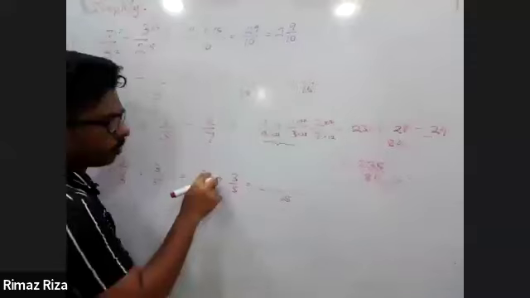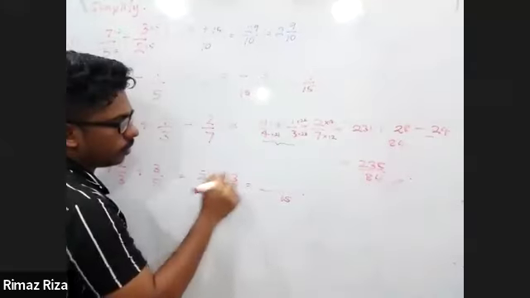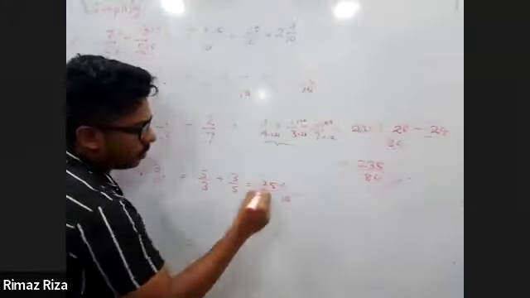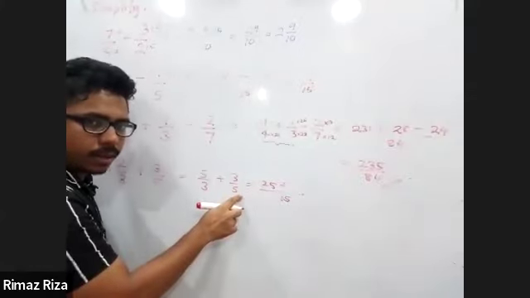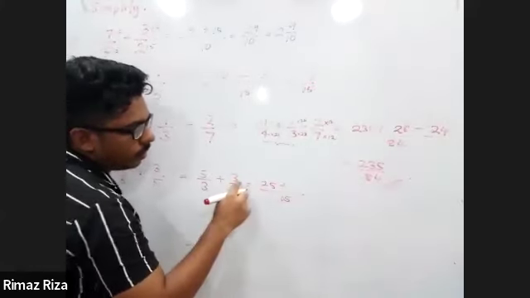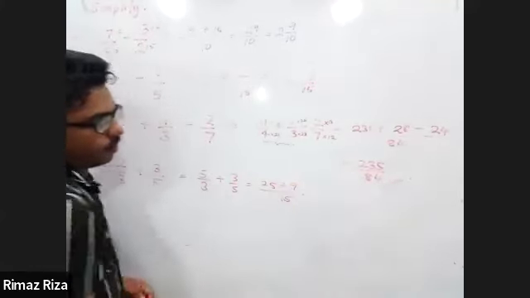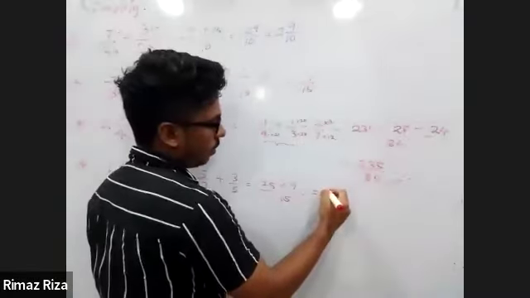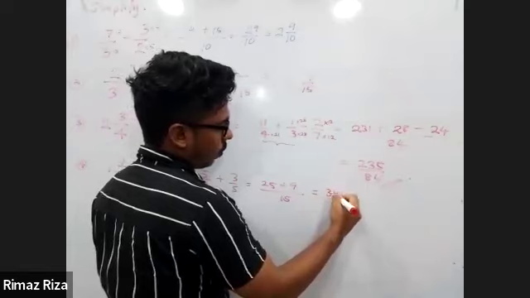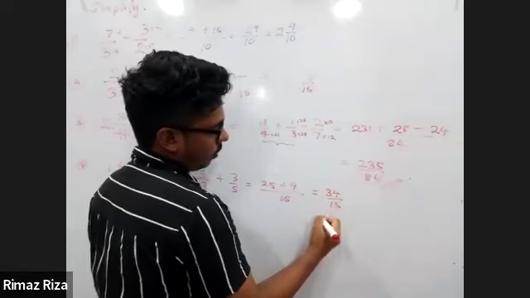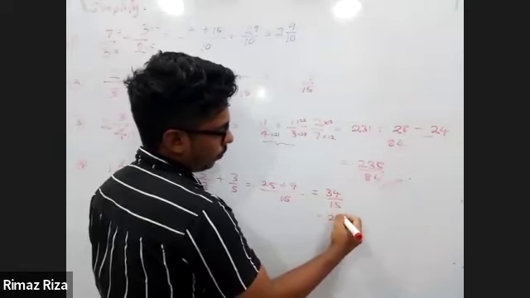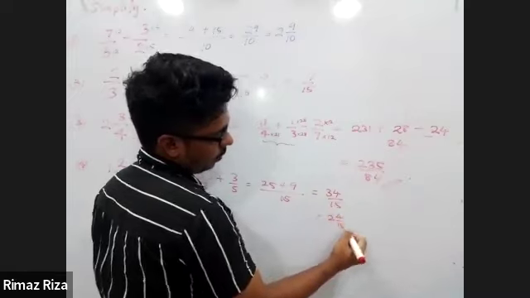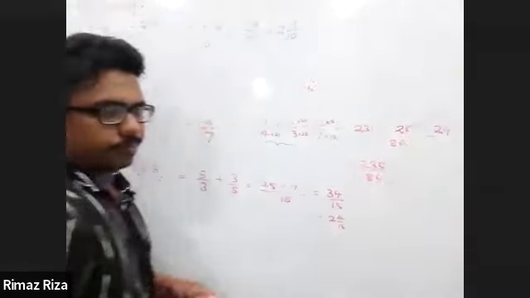So here you multiply by 5, this one also should multiply by 5, 5 into 5, 25, plus. This one we had to multiply by 3, therefore this one also we had to multiply by 3, 3 into 3, 9. Okay. So then we have 25 plus 9 is 34 divided by 15. Yes. Okay.